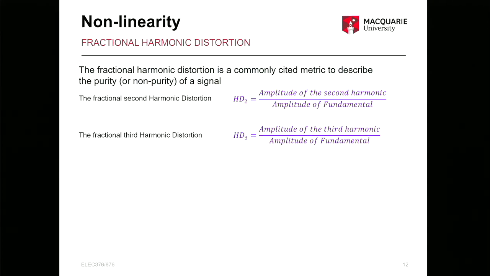And HD3, which is the amplitude of the third harmonic divided by the amplitude of the fundamental, is the third harmonic distortion. And so on. The nth fractional harmonic distortion would be the amplitude of the nth harmonic divided by the amplitude of the fundamental. Right?